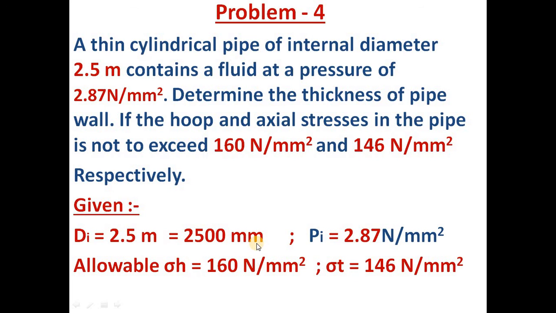Then internal pressure of the fluid Pi equals 2.87 Newton per mm square. Allowable hoop stress is given as 160 Newton per mm square. Allowable tensile stress or longitudinal stress is given as 146 Newton per mm square. These are the details.